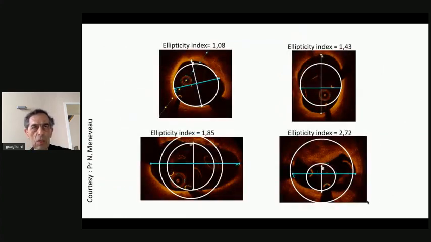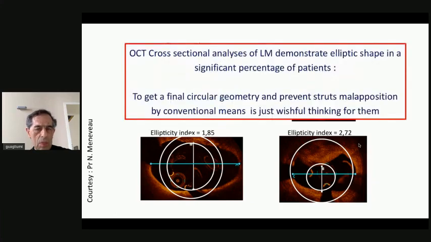Here is what you can perceive by using OCT in terms of ellipticity. You can see that you can be quite helped in getting a full apposition when you have this type of symmetricity, and be really in trouble when the ellipticity index is increasing, trying to have the stent expanding without malposition.